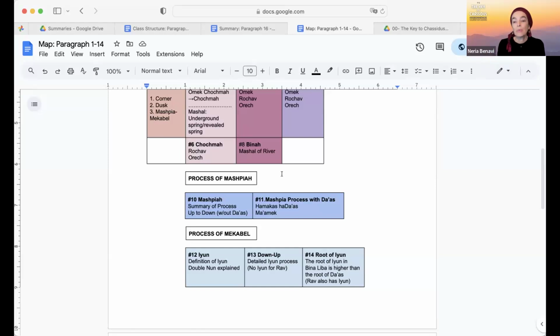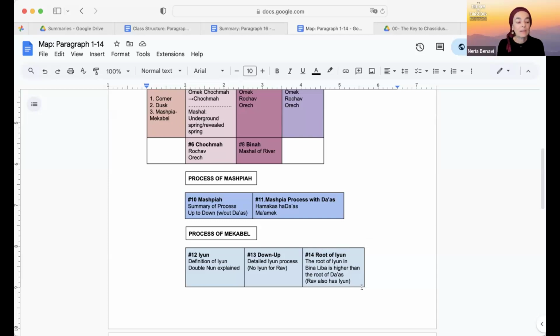So he explains that the root of Iyun, which is where the Mashpia, the Makabel, which is us, begins their journey, is in Bina Liba, which is higher even than the root of the highest Das. And so that was chapter 14, paragraph 14, where he finally said to us, look, this Iyun process, which is where the Makabel begins the process of trying to understand, is rooted in a very high place called Bina Liba.